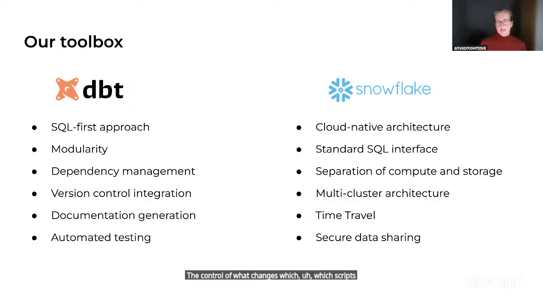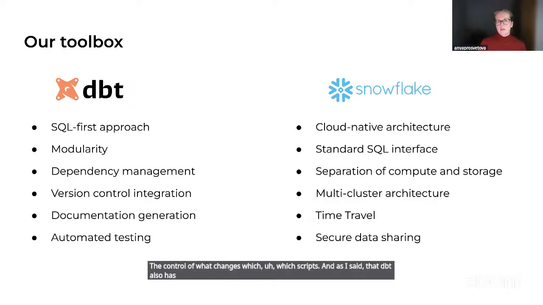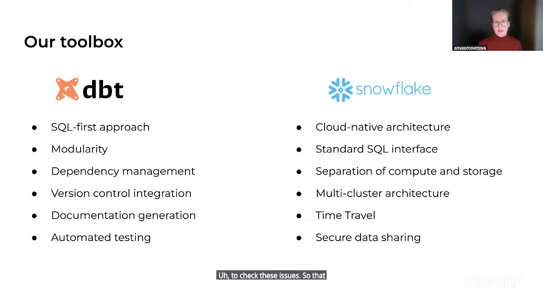And as I said, dbt also has great features to automatically generate the documentation, but also automate the testing of your pipeline. So when something happens with the data in terms of data quality, you do know what to look out for and where to check these issues. So that's the transformation tool that we're going to use, dbt.